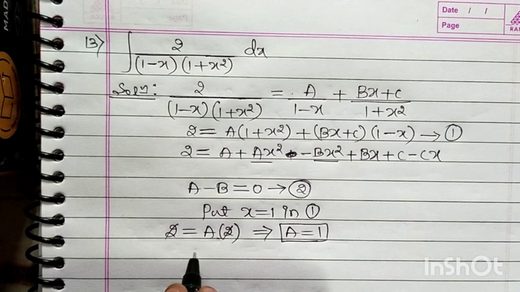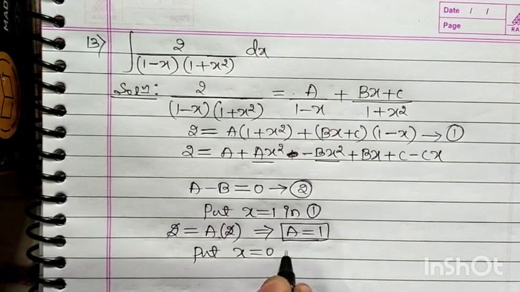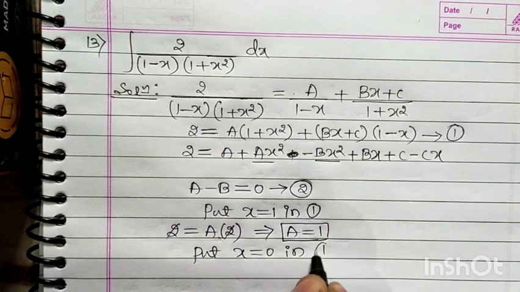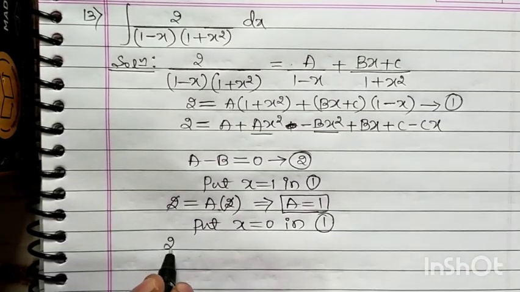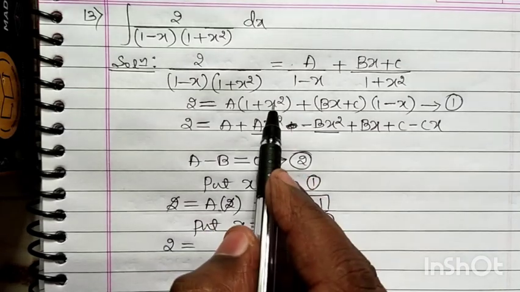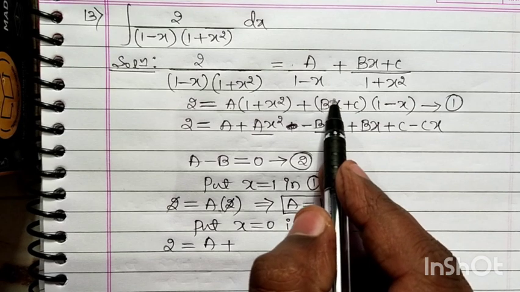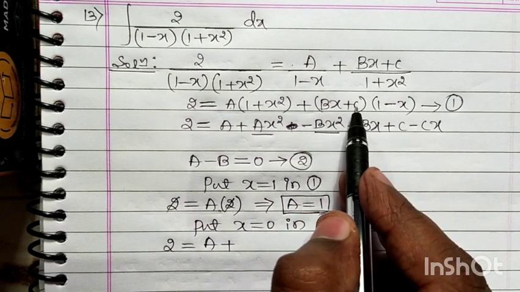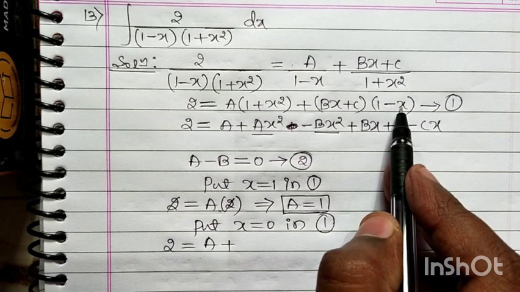So now put x equals 0 in equation number 1. So what do we get now? 2 is equal to, x equal to 0 means we get only a, plus this term will be eliminated now. So we get only c. So here x equal to 0, 1 minus 0 is 1.